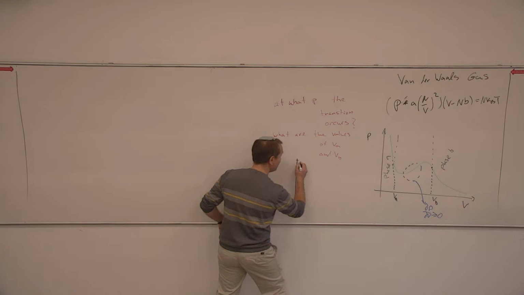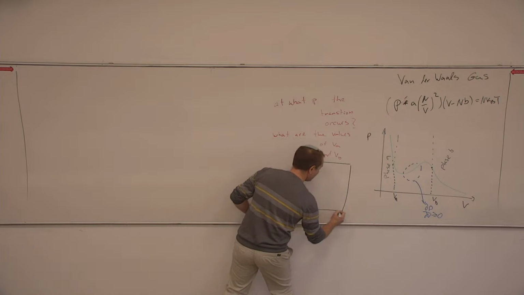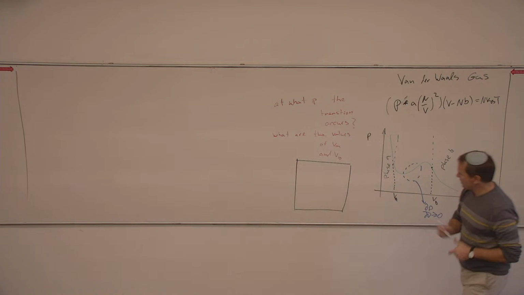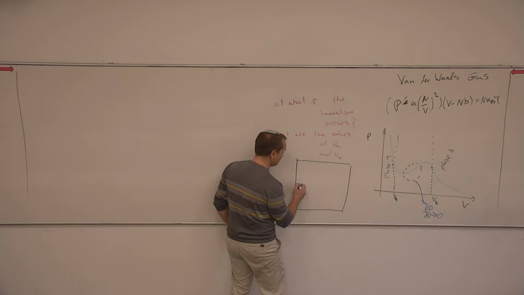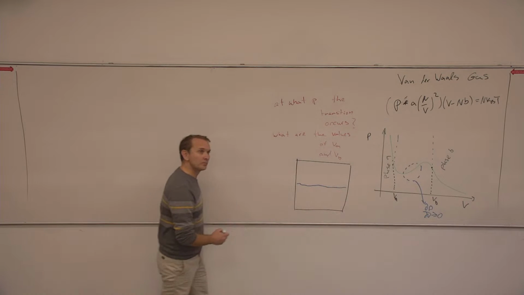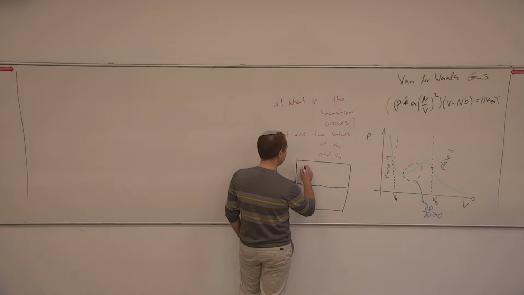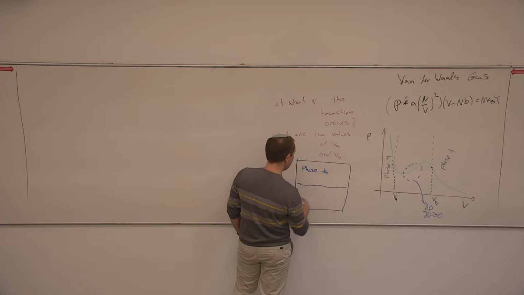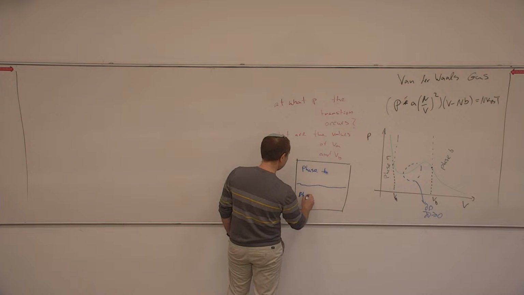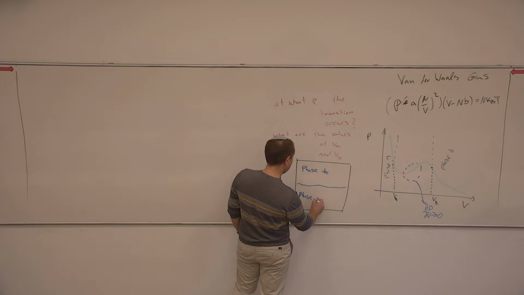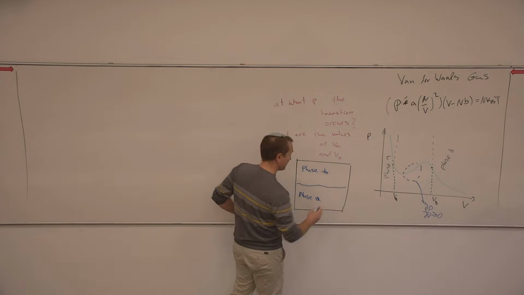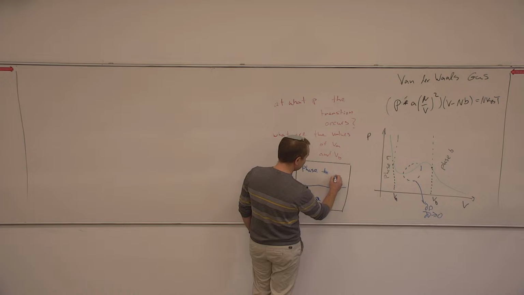We can say, let's assume, and we know this from our everyday life, that we can have a separation in one single system between two phases. So this is our phase B, and this is phase A. I can call this vapor, and this is going to be liquid.